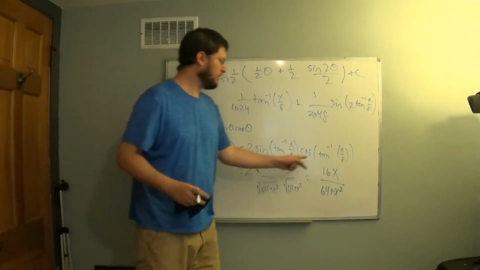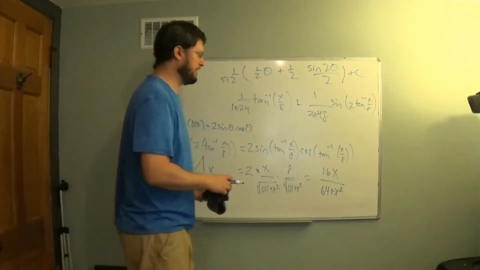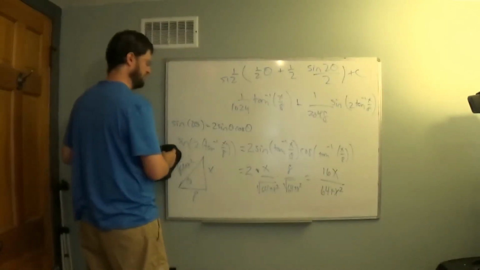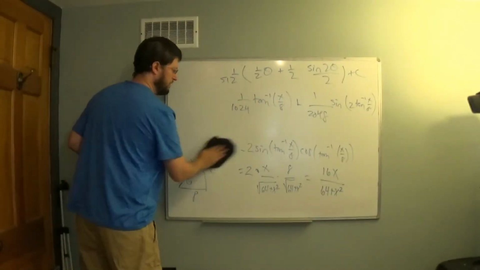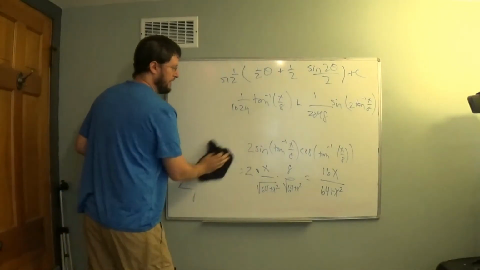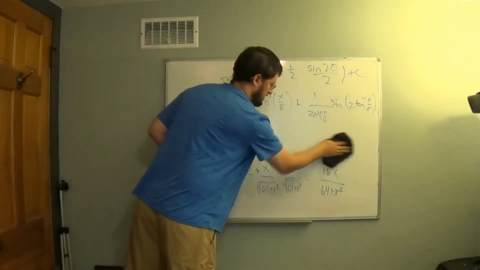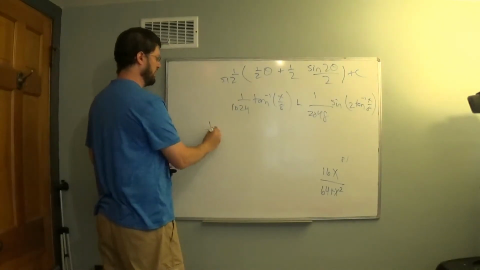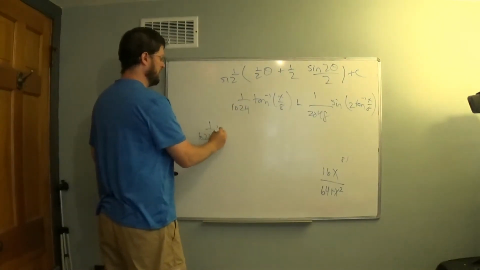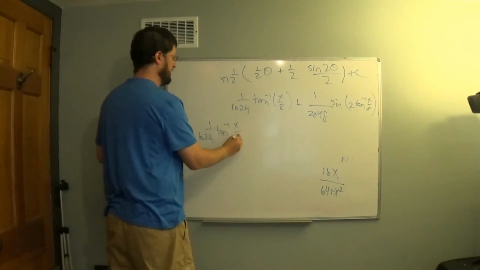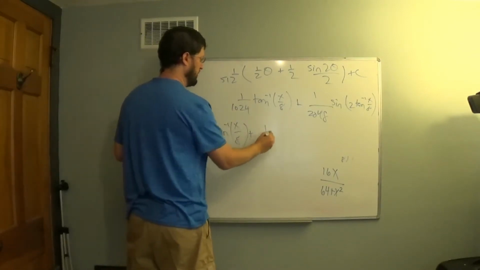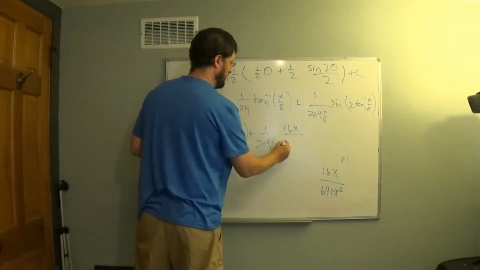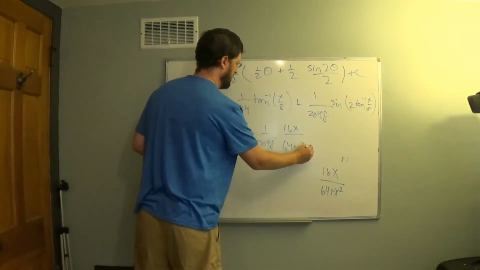And that all goes in for this stuff that's right here. And we'll just put that together. So to finish the problem, I get 1 over 1024 tan inverse x over 8, plus 1 over 2048 times 16x over 64 plus x squared.